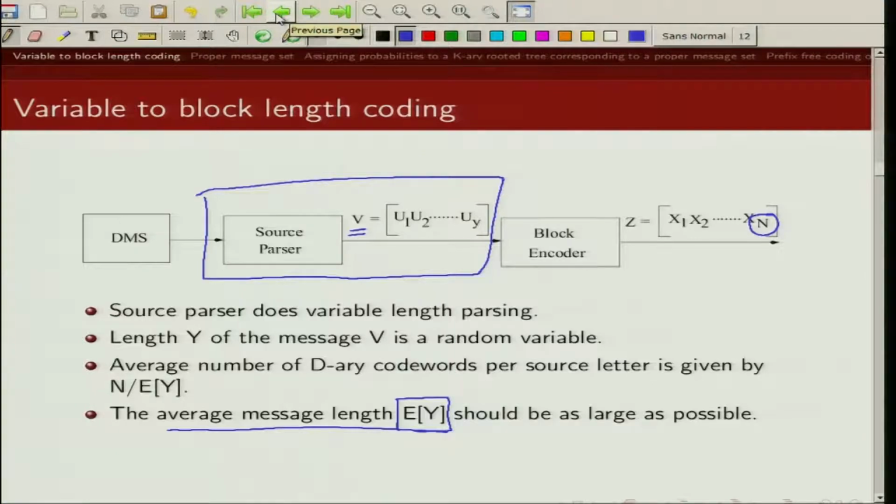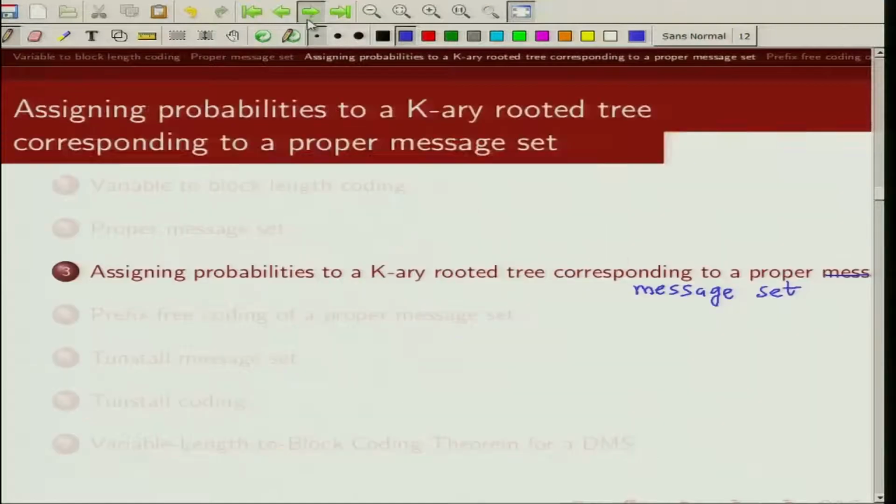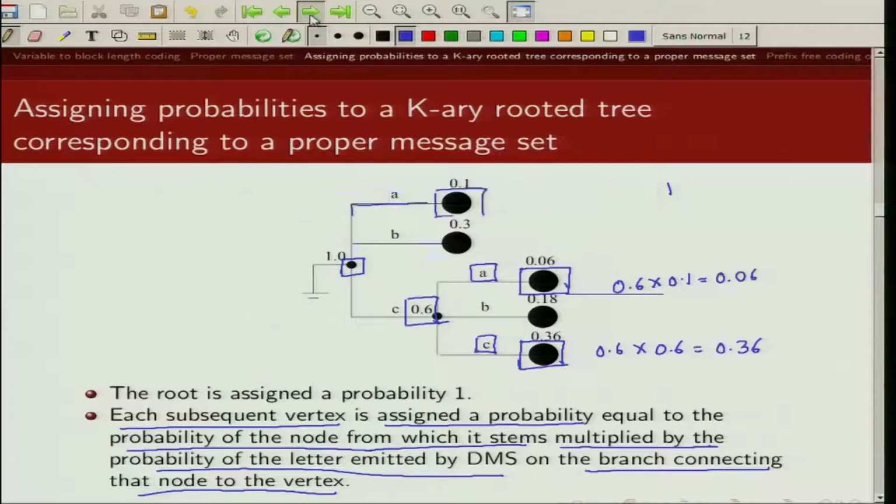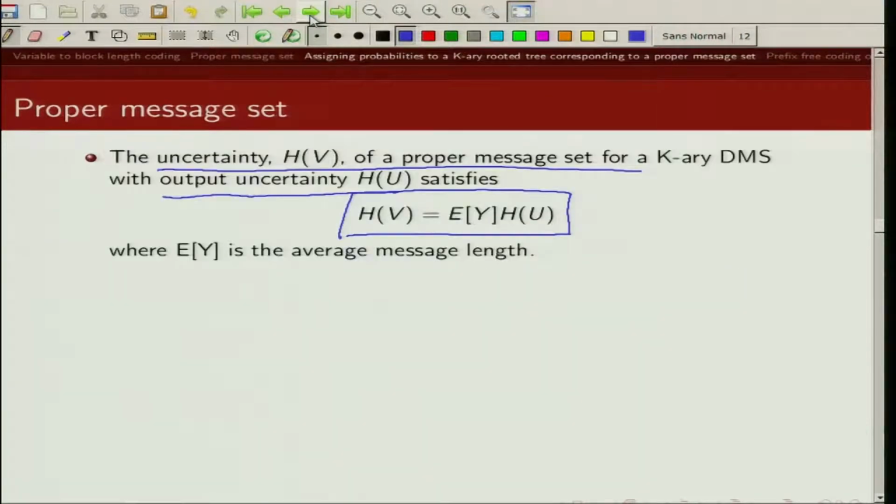U is basically my input to the source parser and V is the output of the source parser. So, if you have a query discrete memoryless source, I have U1, U2, U3, UK. These are the bits emitted by the discrete memoryless source, and V is the output of my source parser. And I am using a proper message set to design my source parser.